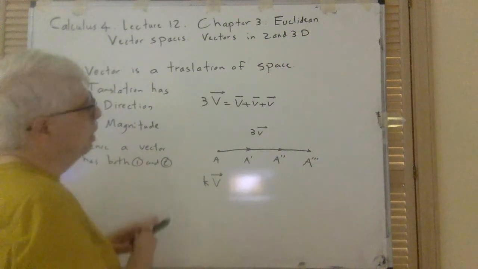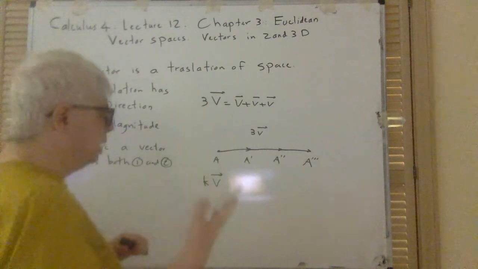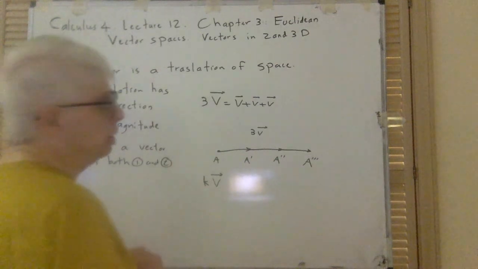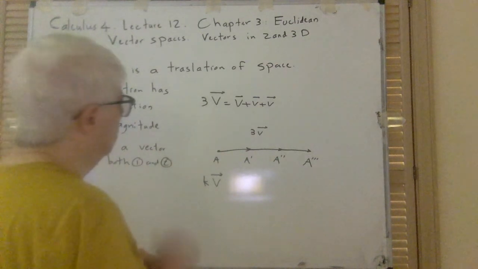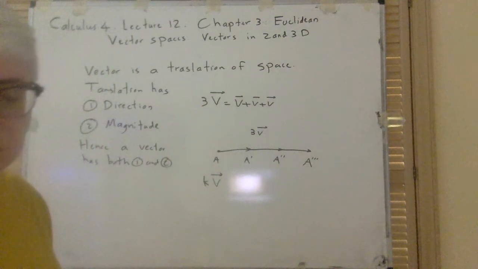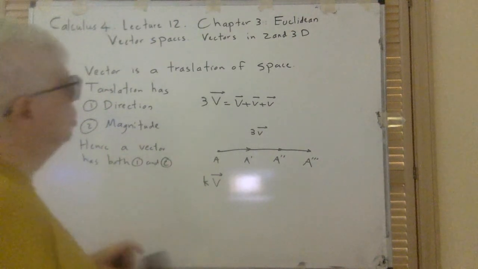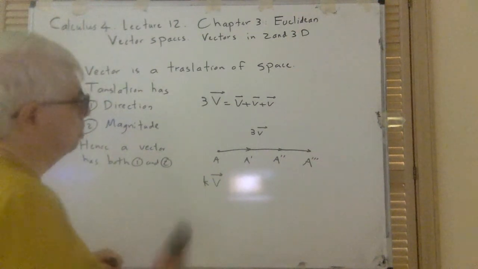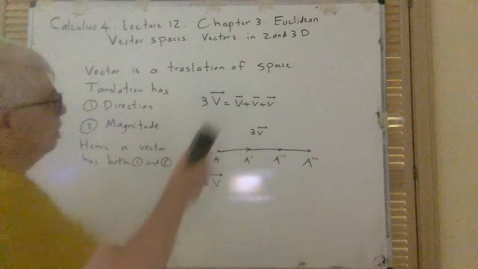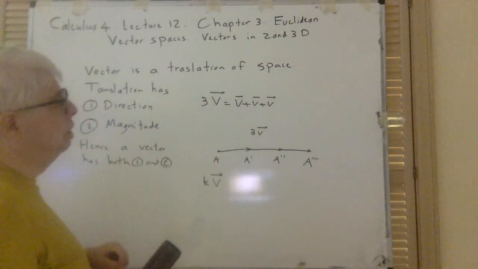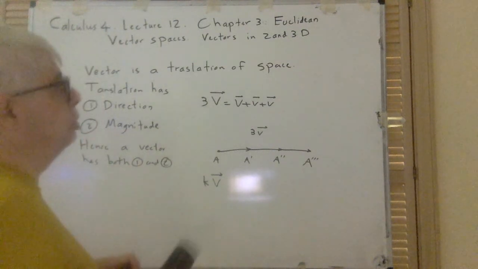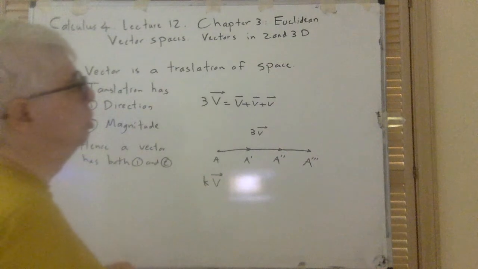So we have both, in a sense, defined adding vectors and multiplying a scalar by a vector. And these are the two things we need to, in fact, define vector spaces. We just need to define addition of vectors, and also this one is called scalar multiplication. And you see by this idea that the vector is a translation of space, this makes sense. I mean, both of them can be defined, and they comply with what students usually know from physics.